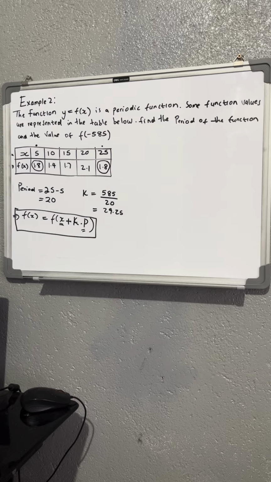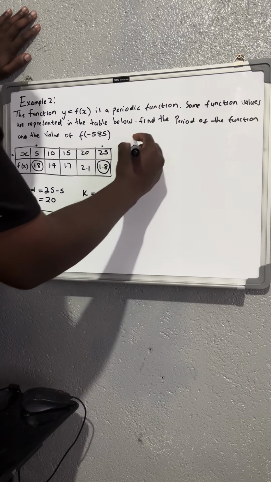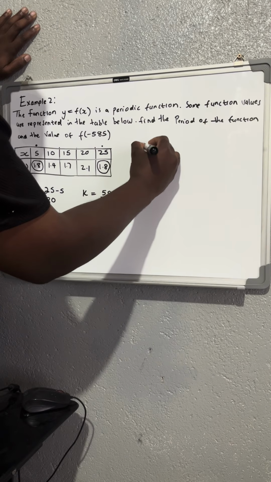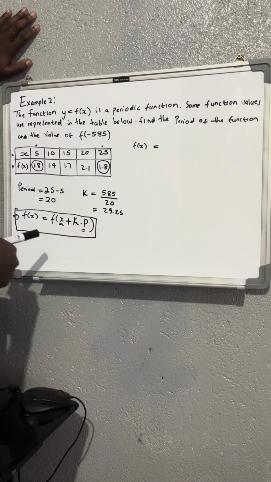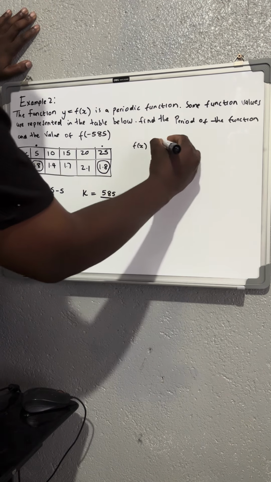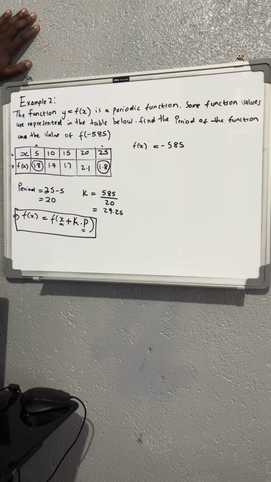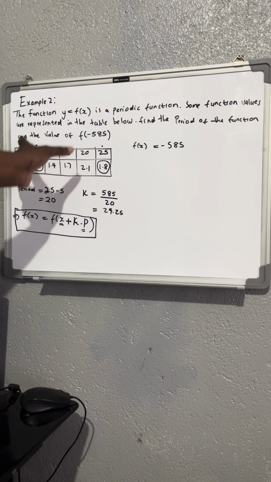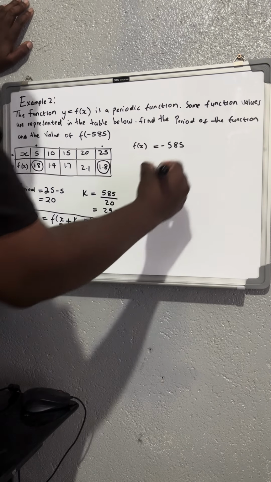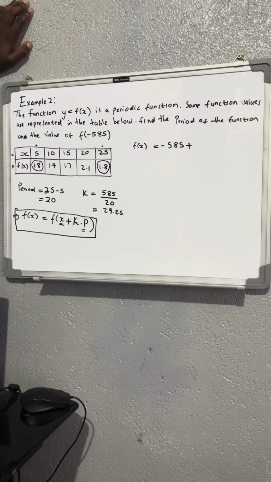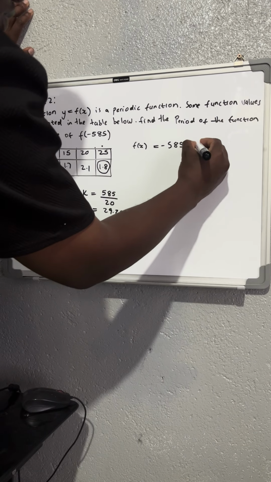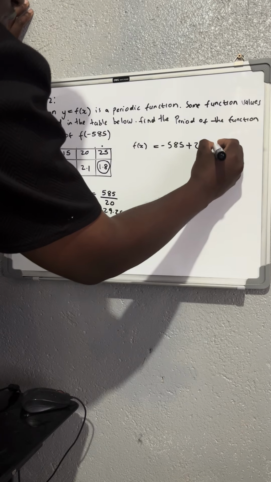So now what do we have? We'll say f of x is equal to minus 585. Then since we're working to the right or the positive side of this table, we will say plus our k, which is 29.25.